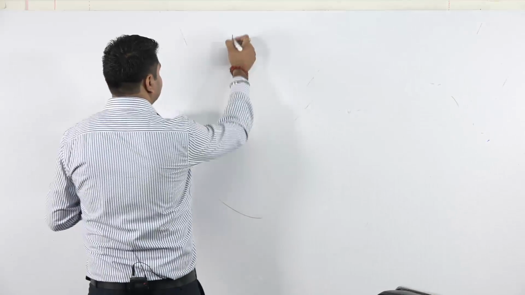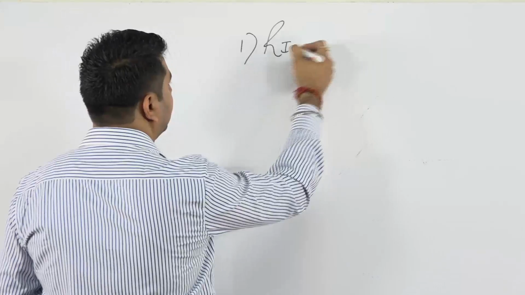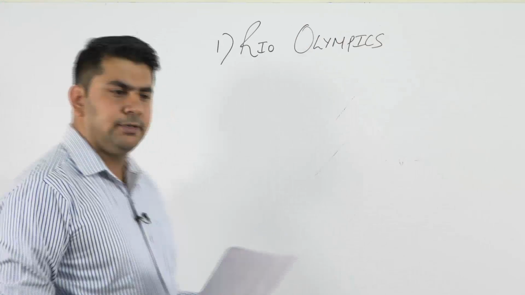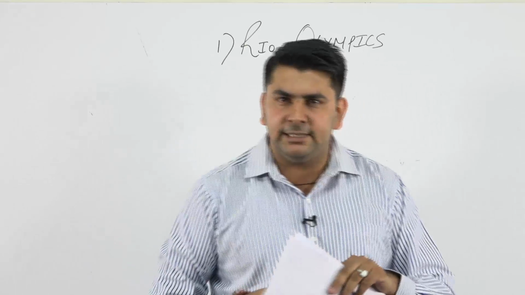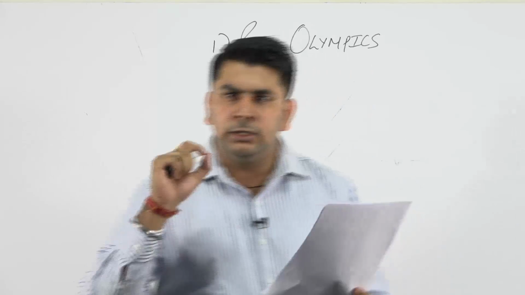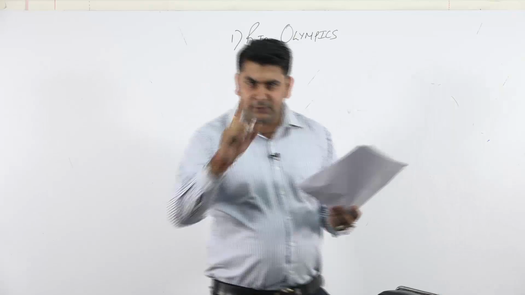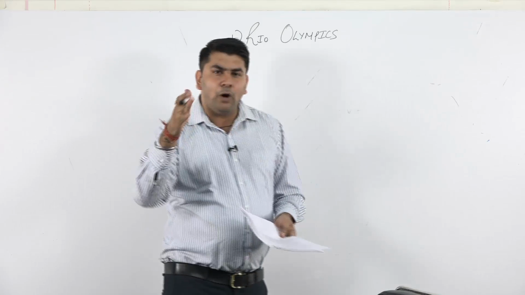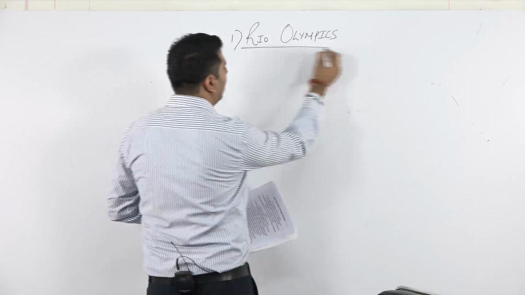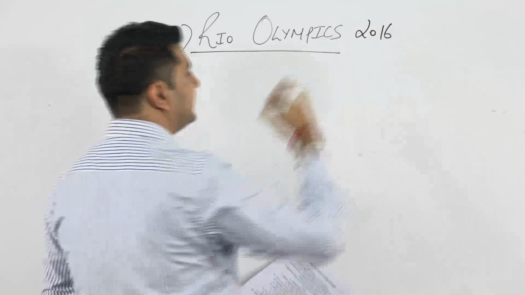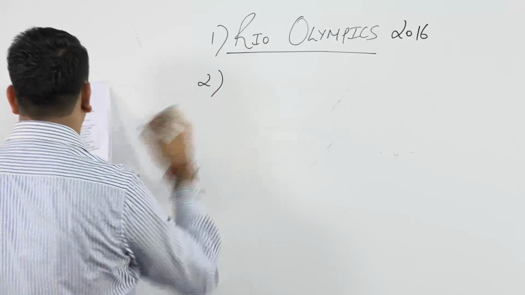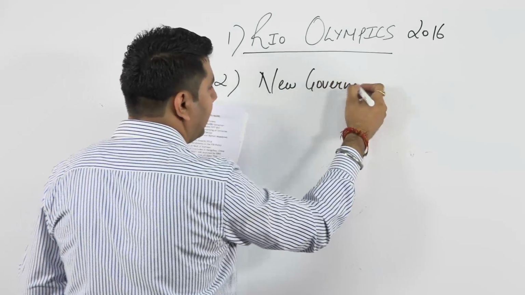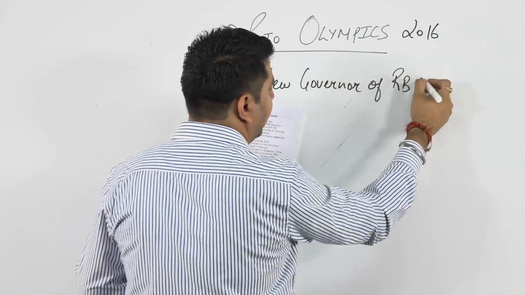Let's talk about those topics. The first one is Rio Olympics. I can see in the comment section the students are demanding a darker marker, so I am taking that. The first important topic is Rio Olympics 2016. The second important topic, the new governor of RBI.